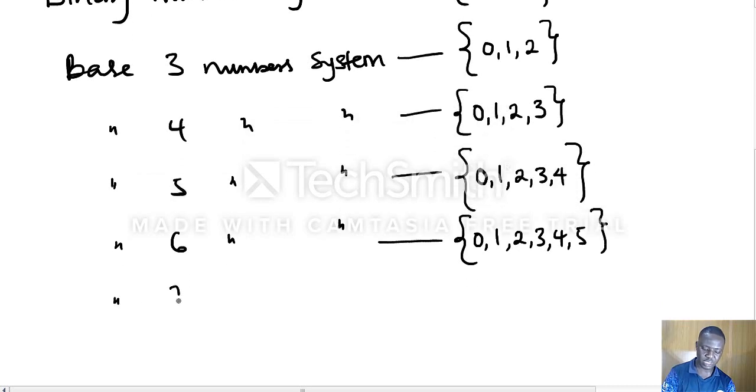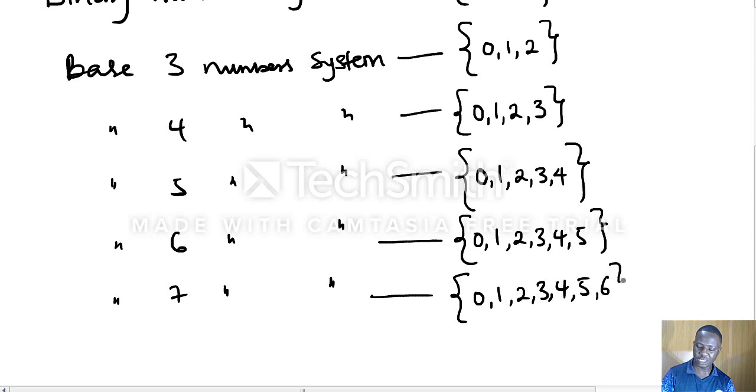Also, in the base 7 number system, we have it to comprise of digits 0, 1, 2, 3, 4, 5, and 6, and so on and so forth.